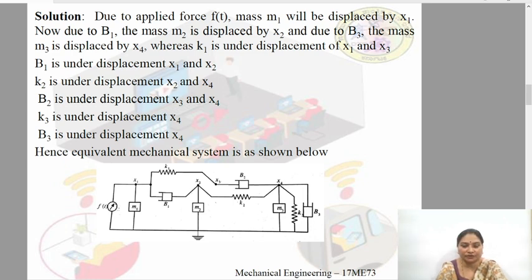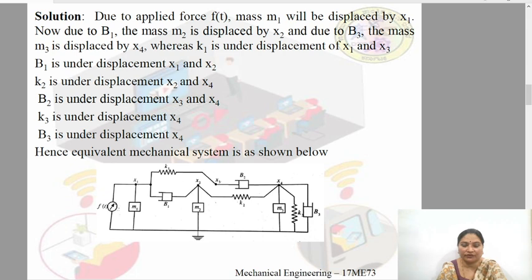The solution for the problem: due to the applied force F of t, mass M1 will be displaced by x1. Due to B1, mass M2 is displaced by x2, and due to B3, mass M3 is displaced by x4. You can observe in the figure I just showed the displacements with respect to the different masses, where K1 is under displacement of x1 and x3.